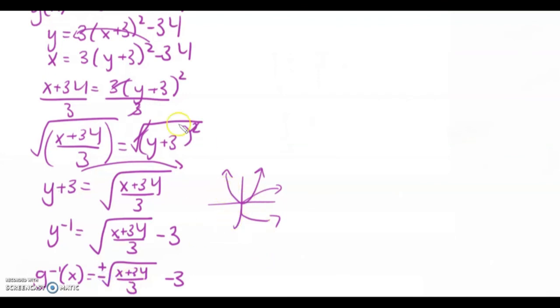If we only took into account the plus option, we would only be taking into account this one leg, or this one side of the parabola. And if we only took into account the negative option, we'd only be taking into account these two. So in order to get a full parabola, we need both the left and the right arms. So we have to take into account both the plus and the minus options.